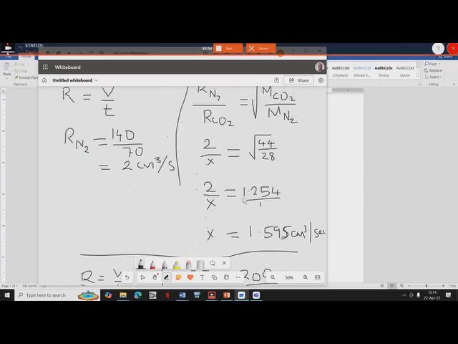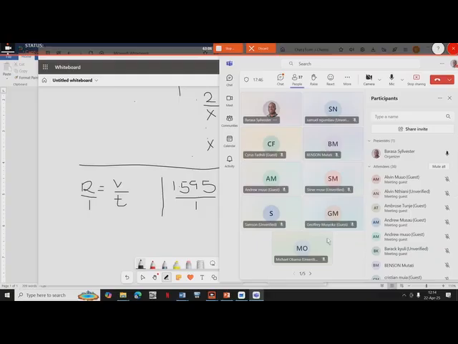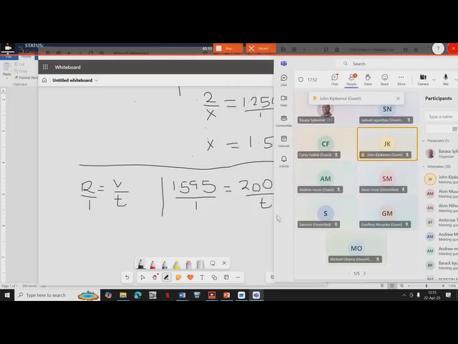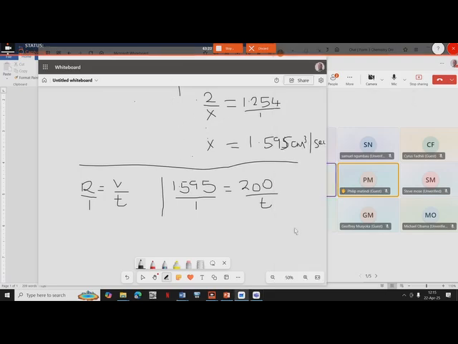We are looking for t. So over 1. So what is t? T will be equal to what? What is t?